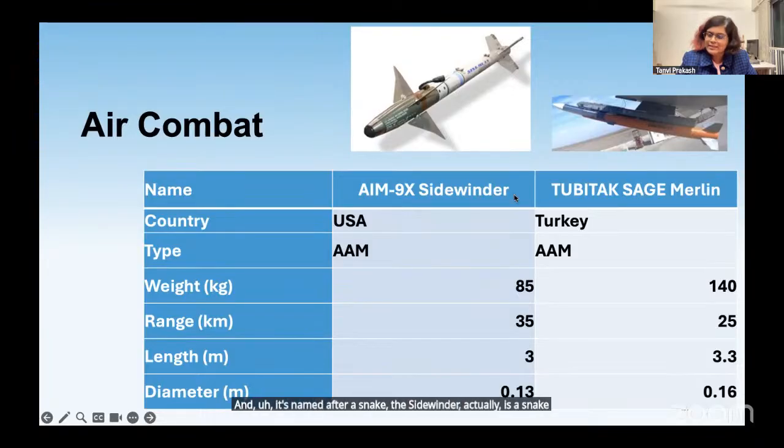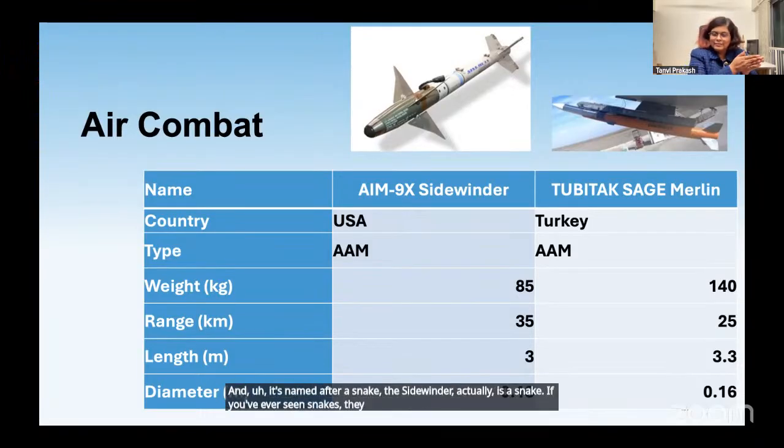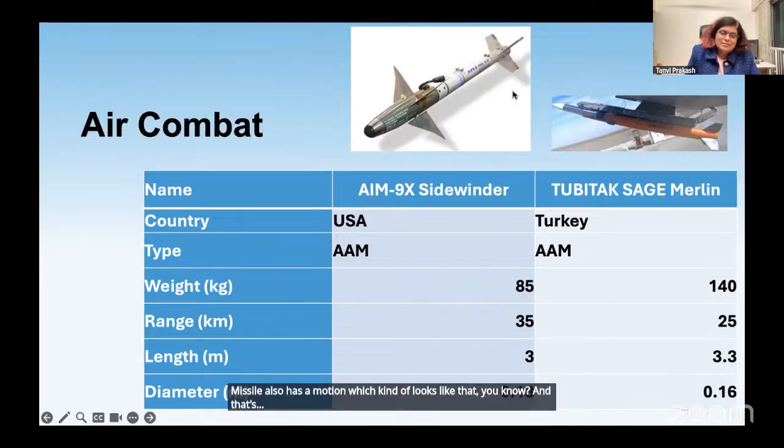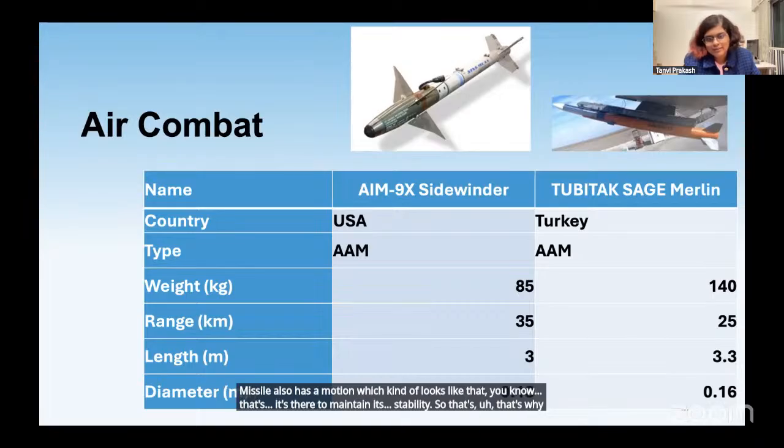If you've ever seen snakes, they don't slither straight forward, they slither sideways, right? So they undulate and slither. So this particular missile also has a motion which kind of looks like that, and it's there to maintain its stability. So that's why this has got the name Sidewinder.